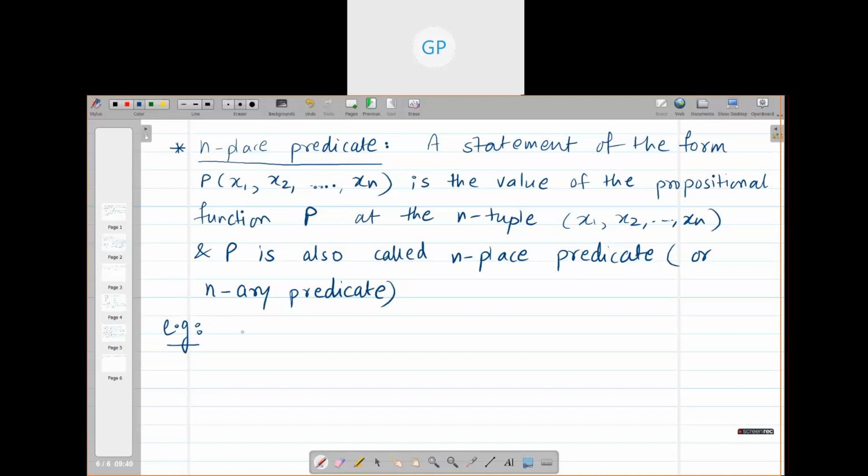So for example, the same one we can take P of x is x plus 4 is equal to 7, right? So this is a 1 place predicate, okay? 1 place predicate because it contains only a single variable.